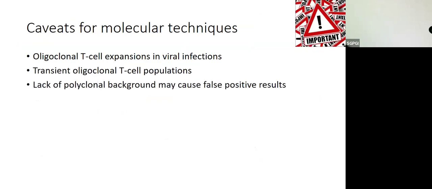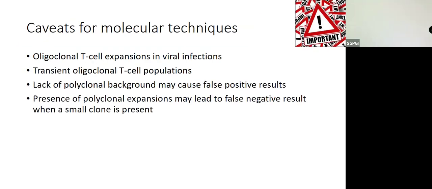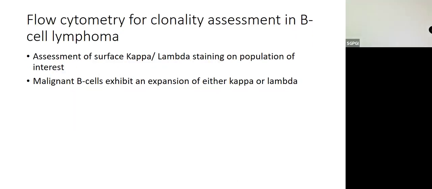So this is one of the limitations. And when you have a lot of polyclonal cells and a small abnormal T cell clone, then also you may miss it. So these are limitations. The biggest thing we need to remember is that clonality is not always equal to malignancy. A malignancy will usually be clonal, but not all clonality will be malignancy.